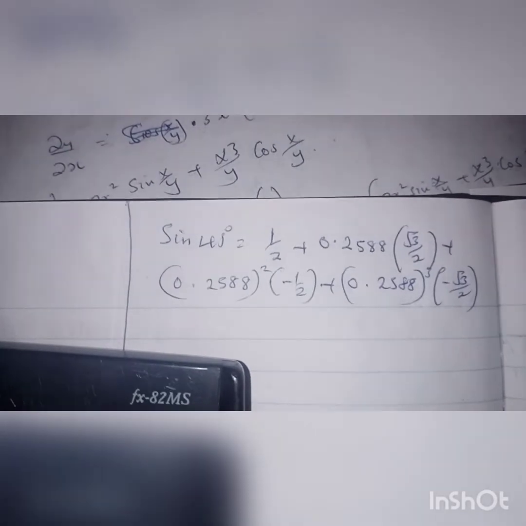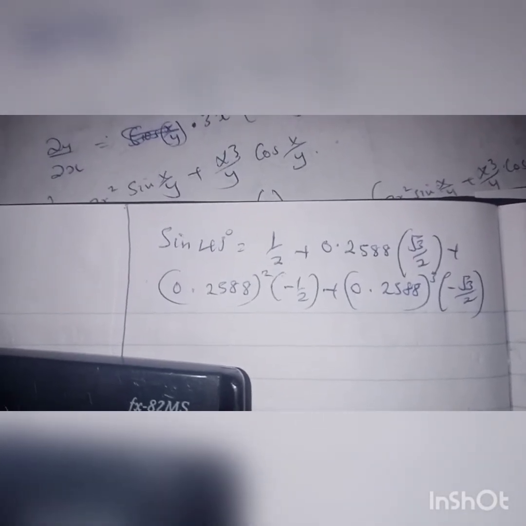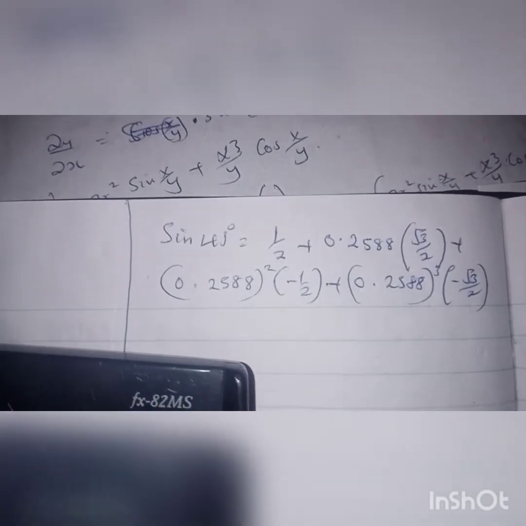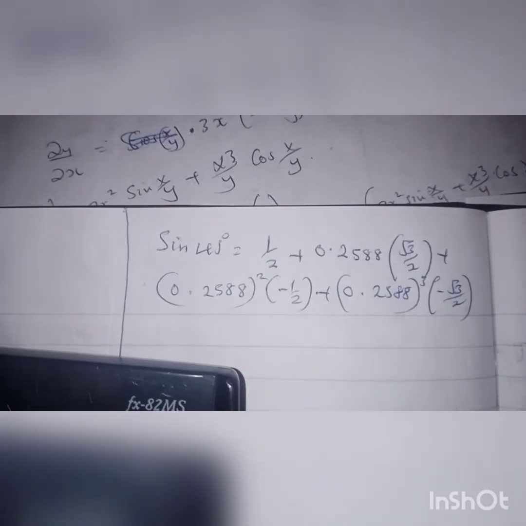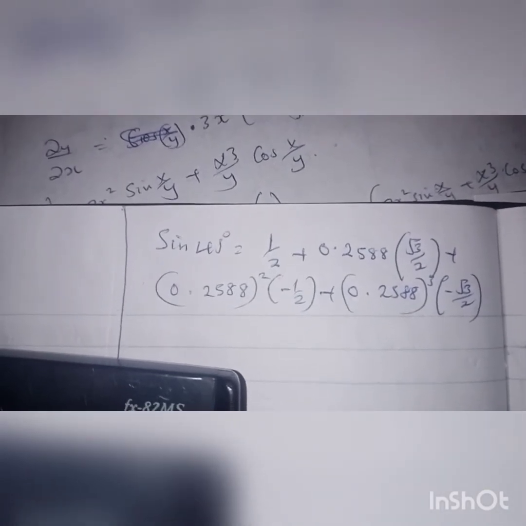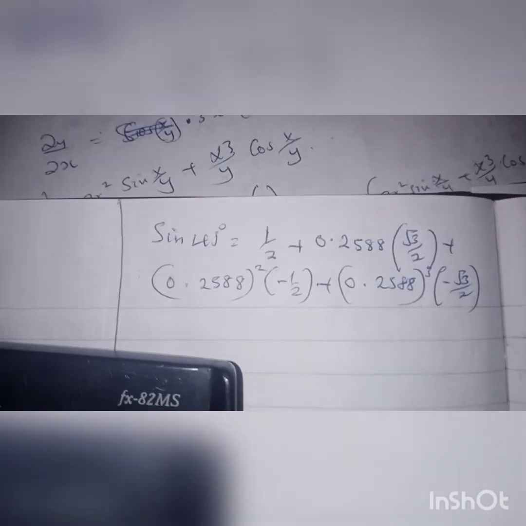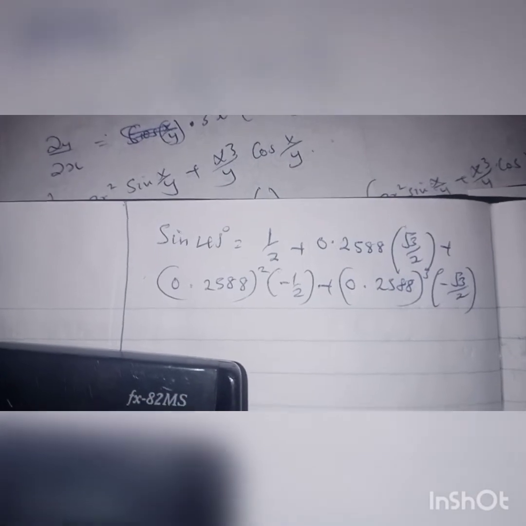Then plus 0.2588 cubed multiplied by minus root 3 over 2. Then key in the equals sign.